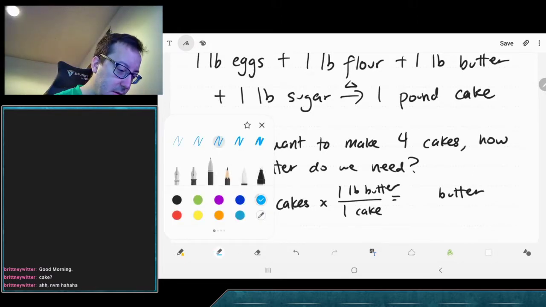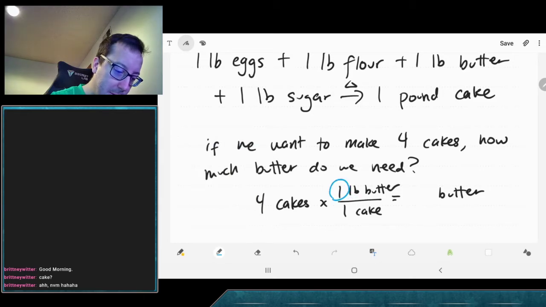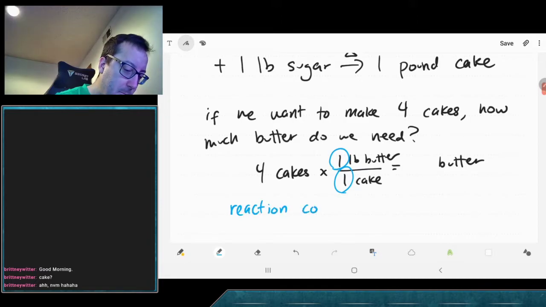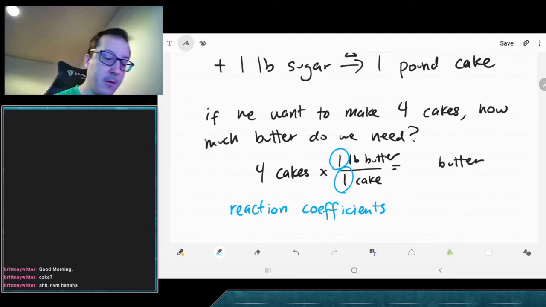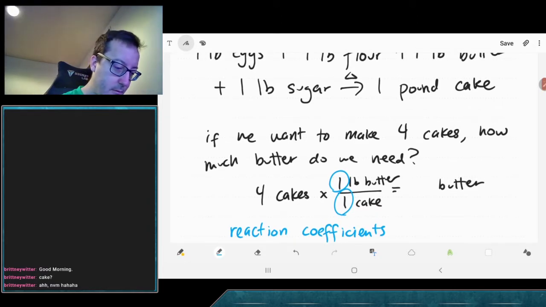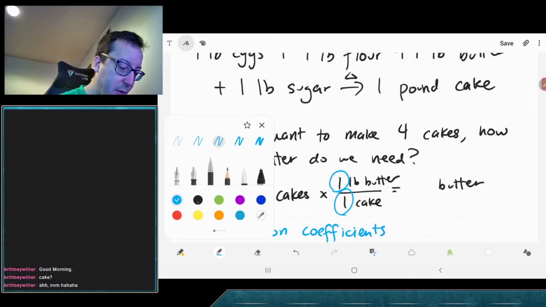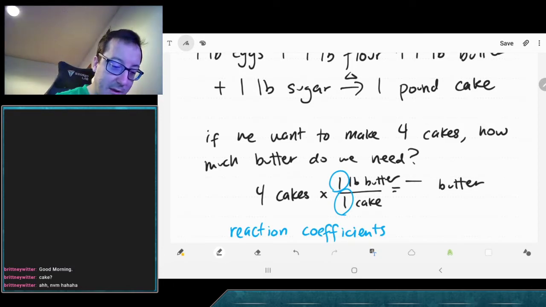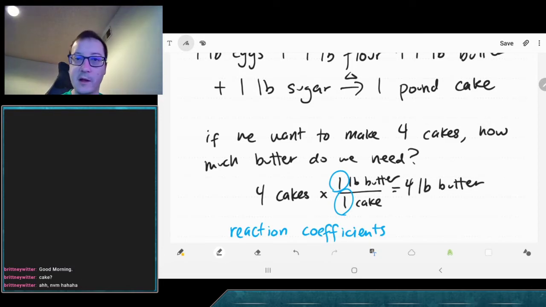These here are our reaction coefficients. If we do this very difficult math here, 4 times 1 over 1, it's telling us that we need 4 pounds of butter.